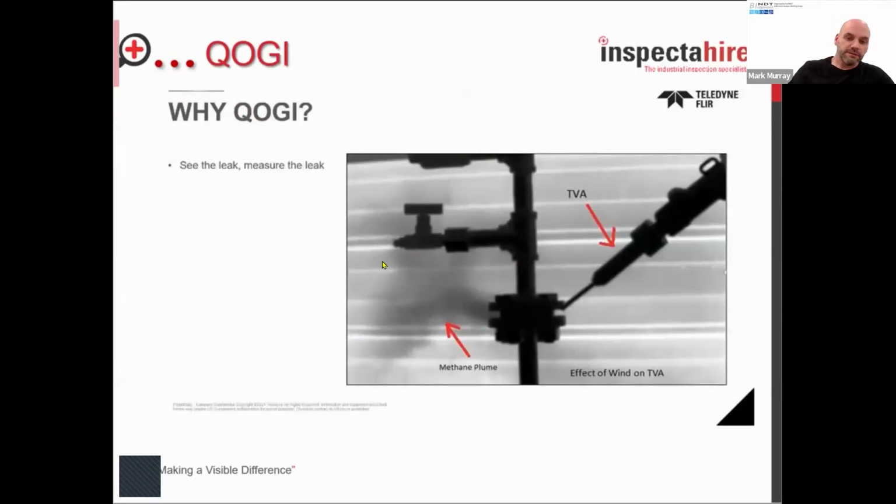From a safety point of view, you can avoid being in the plume, which is sometimes the case when you're using other instruments. With your PID or TVA type devices, you're going to struggle. For example, in this image, you're looking at the wrong side of where the prevailing wind's going. So you're not going to get as accurate or comprehensive a reading as you might being able to see that leak.